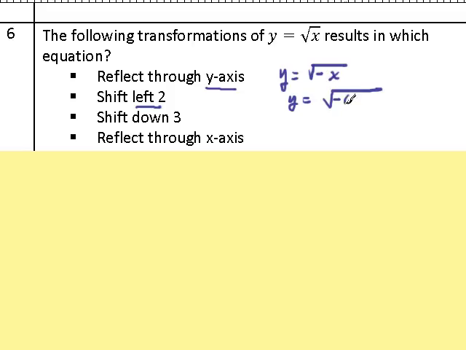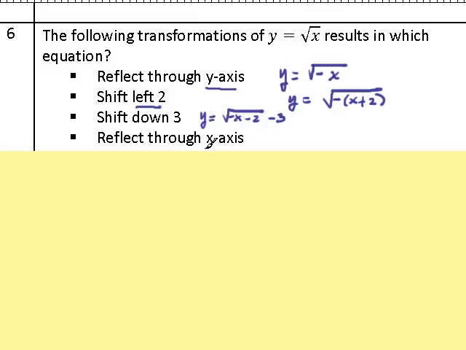Don't forget to use parentheses. So it would be negative, parentheses, x plus 2. Down 3, we're just going to subtract 3 from the whole thing. I might as well open up the parentheses here. That minus 3 is the down 3.